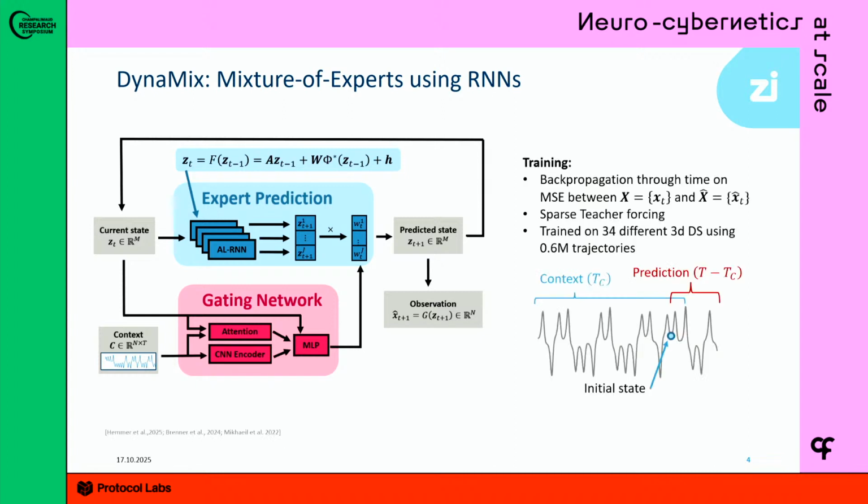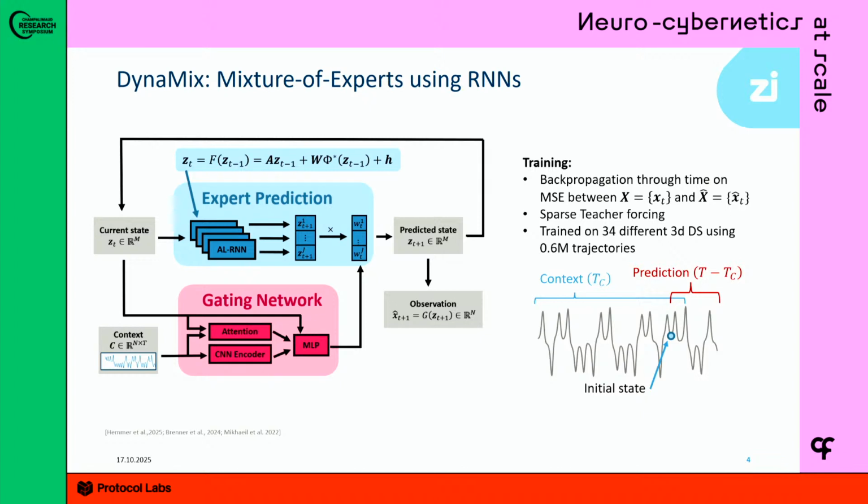Training is done like standard in dynamical systems reconstruction. We train using backpropagation through time based on the mean squared error loss between the ground truth and predicted trajectory. Furthermore, we employ a sparse teacher forcing protocol, which recalibrates the trajectory or the latent states during training to tackle the exploding and vanishing gradient problem.